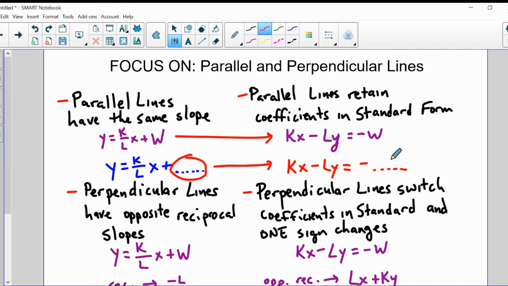Whatever's here would also go here. So basically what that means is that parallel lines retain their coefficients in standard form. So if the equation looks like this and it asks for a parallel line, notice that kx minus ly is going to stay the same.